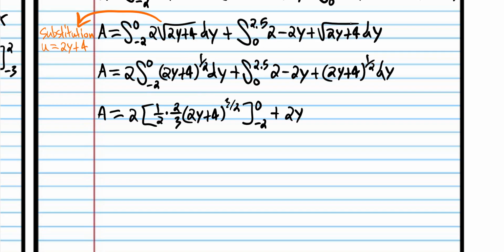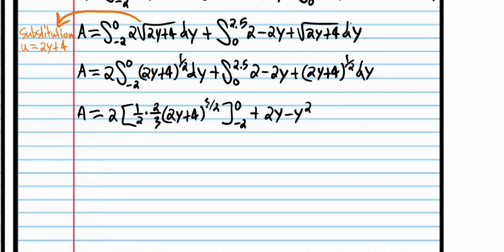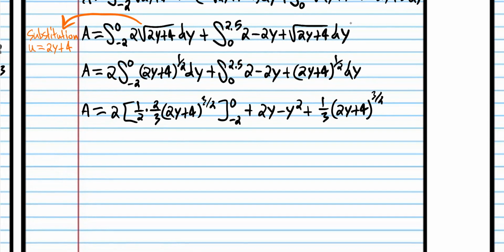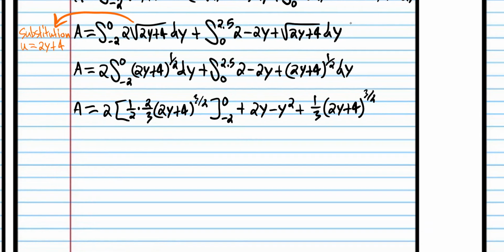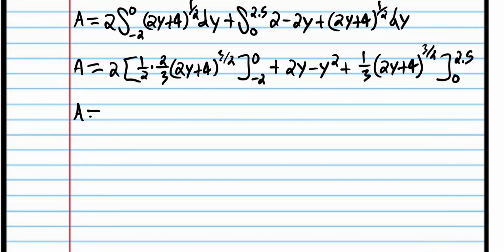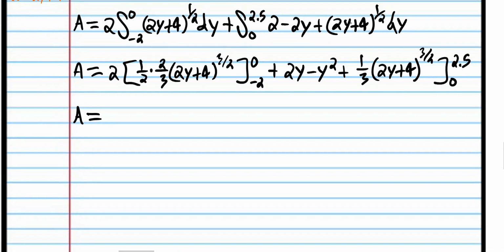So now we have 2y minus y squared plus same thing here. Looks like we're going to have 1/3 (2y plus 4) to the 3/2. And that is integrated from 0 to 2.5. So I know this is a lot of work, but you don't have to take this long.